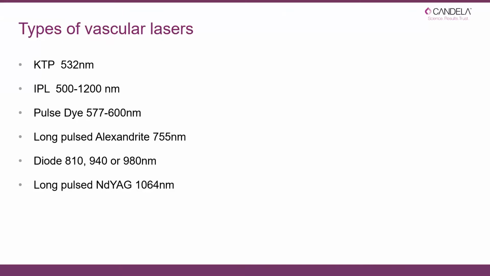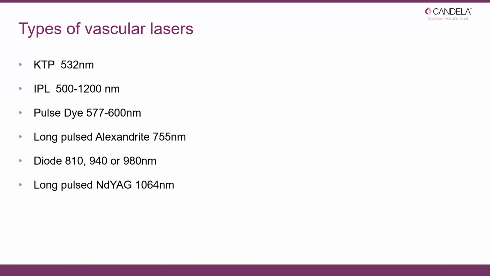Moving up through the range, we have IPL systems. And as I showed earlier, these can really range in general from 400, but when we're looking at vascular lasers, 500 nanometers up to about 1200 nanometers. We then have pulse dye lasers. Depending on the manufacturer, these range from about 577 to 600 nanometers.